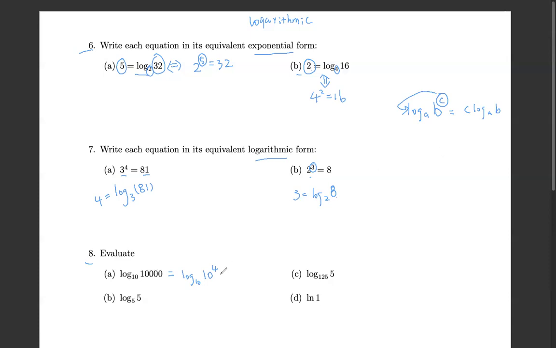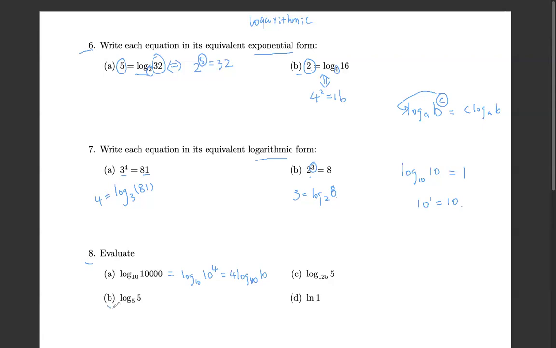So that means this 4 we can pull up front, 4 times log base 10 of 10. Well, log base 10, value is 10. This has to be 1, right? Because 10 raised to 1 equals 10. So when the base and the value are the same, it's just equal to 1.